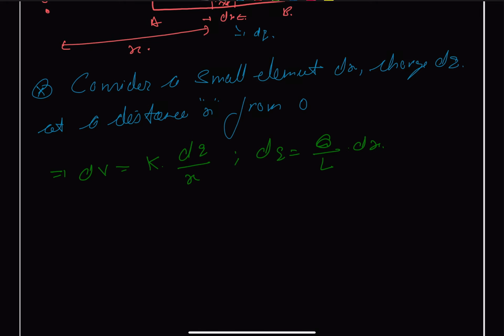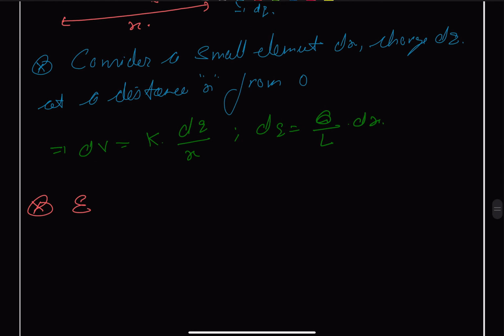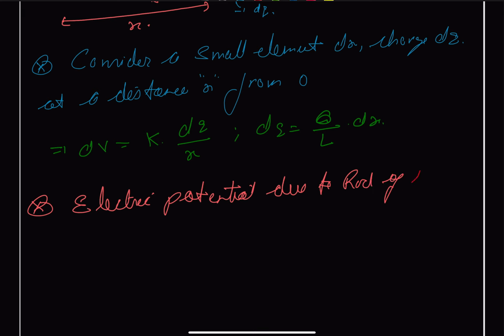So we can say the total potential, that is the electric potential due to rod of length L at O, let us call that V naught.